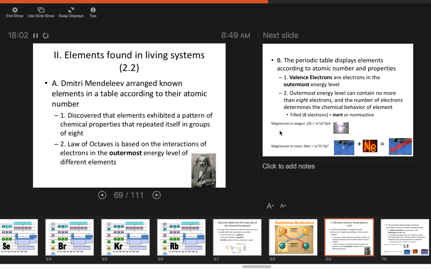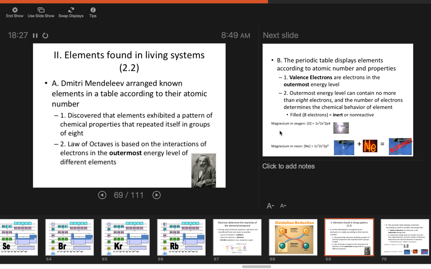Okay, moving on. Elements found in living systems. The periodic table was arranged by a guy named Dmitri Mendeleev. People were out to create a chart with all known elements. He had little note cards with elements, their names, their number of protons, and a bunch of information about them, and he started to rearrange them in a way that made sense.